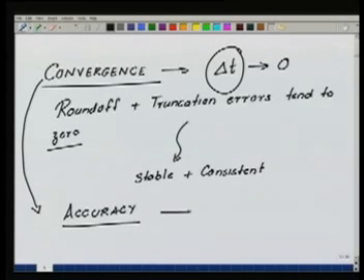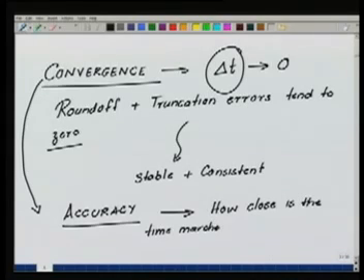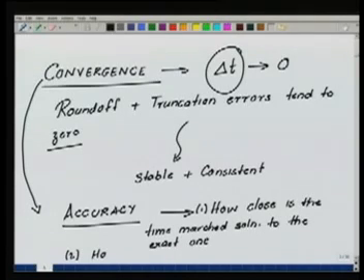The accuracy of the numerical scheme is essentially when you ask the question: one, how close is the time march scheme solution to the exact one, and two, how fast does the error decay with delta t.